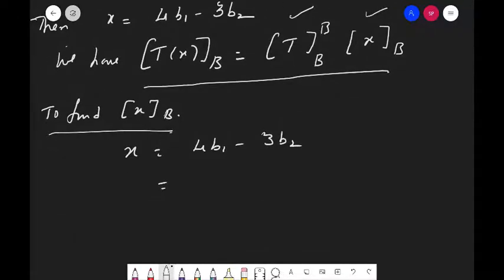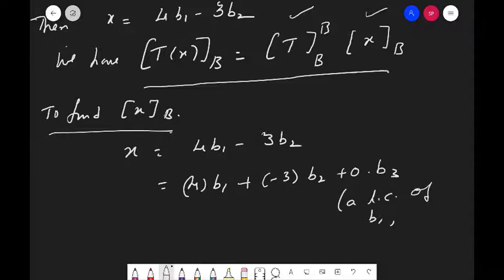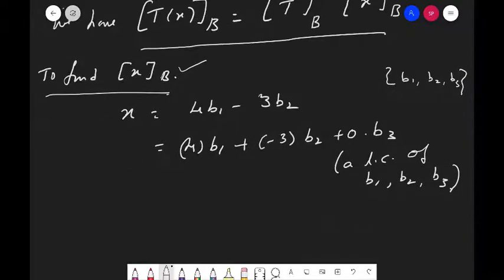We will write it as 4 times b1 plus minus 3 times b2 plus 0 times b3, a linear combination of b1, b2, b3, because you have to find the coordinate vector of x with respect to basis B. That implies the coordinate vector of x with respect to B is nothing but 4, minus 3, 0.